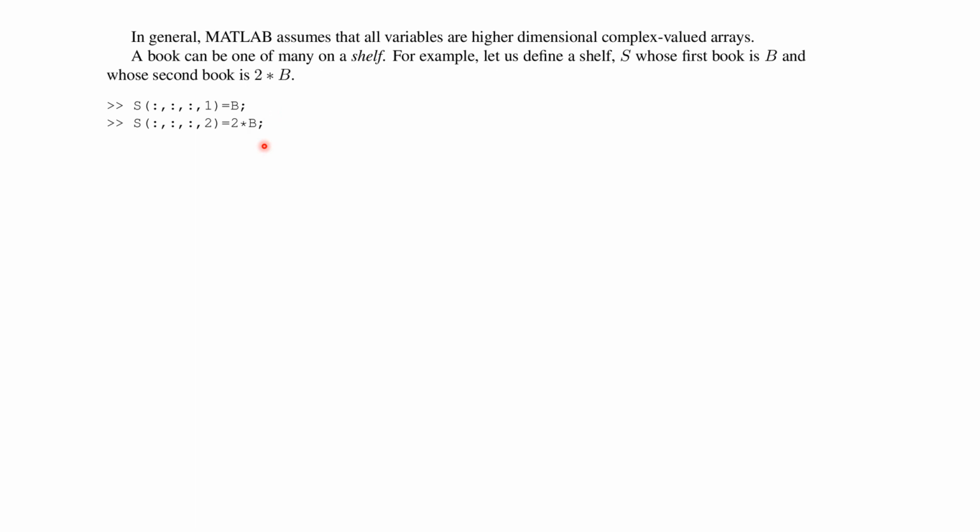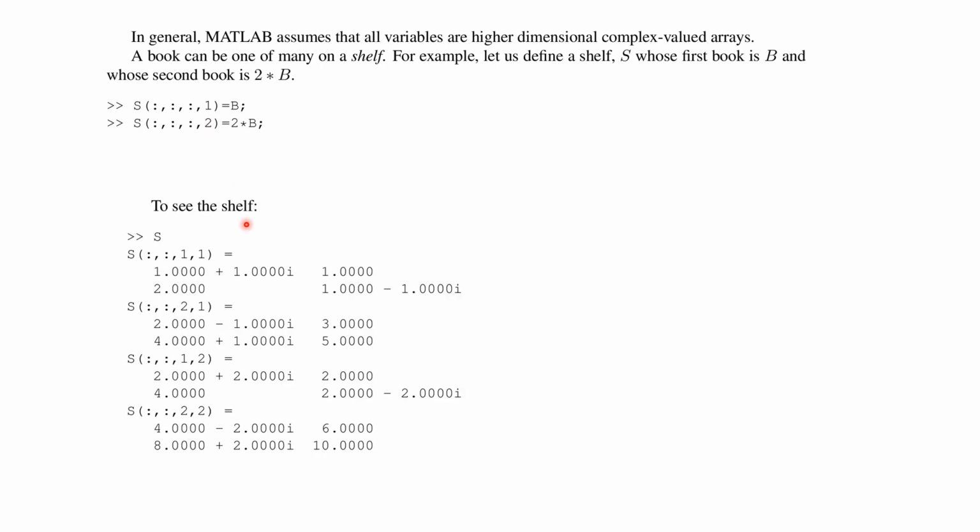And I put them on a shelf, shall we call it. Then this specifies that book B goes on the first position on the shelf, and 2B goes on the second position of the shelf. And if you want to have a look at the whole shelf here, then this is telling you in the first position on the shelf, that's what we call B. And there's the first page and the second page.